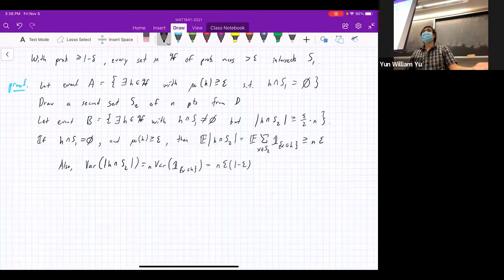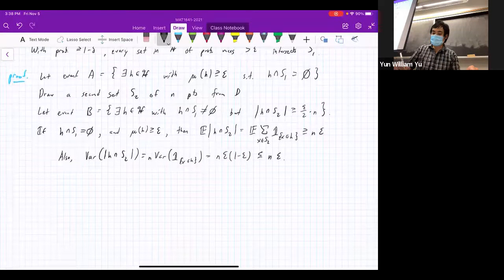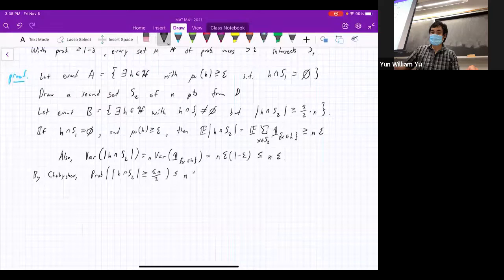Because the variance of a Bernoulli random variable is just epsilon times 1 minus epsilon. And so this is less than or equal to n epsilon. So now we can apply Chebyshev. By Chebyshev, we know that the probability that H intersect S2 is greater than or equal to epsilon n over 2 is going to be less than or equal to n epsilon times 2 over n epsilon squared.